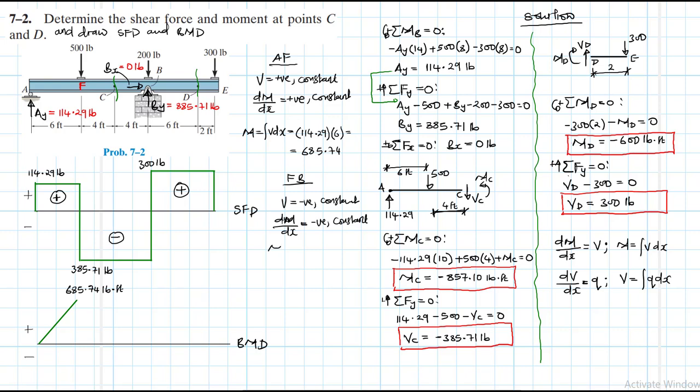And this magnitude M is just equal to the integral of V dx, which is minus 385.71 times the length, which is just a 10.